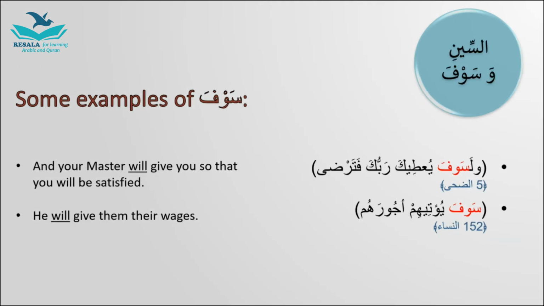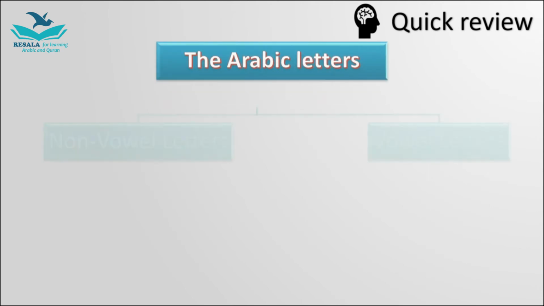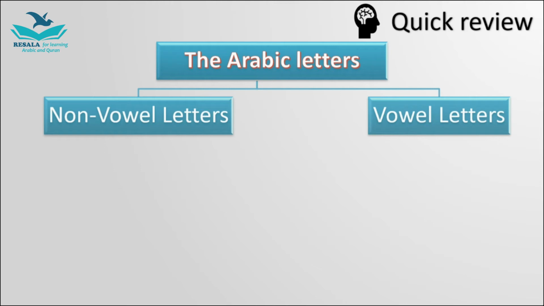The third sign that tells us the word in front of us is a verb is the non-vowel ta, used for feminine. What do I mean by the non-vowel ta? Okay, let's make a quick review. As we know, the Arabic letters are divided into two types, the vowel letters and the non-vowel letters.